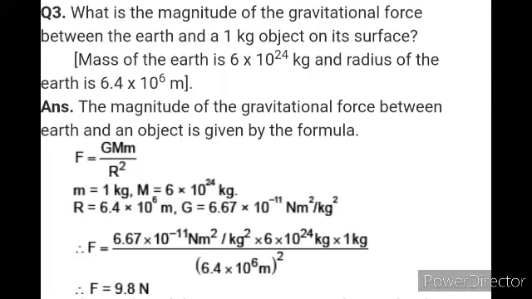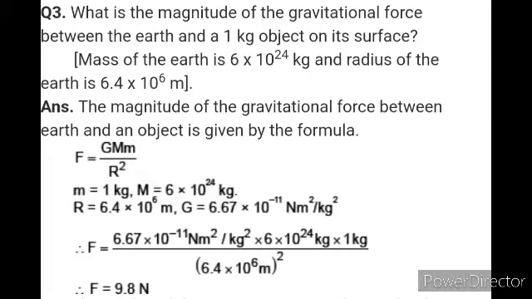So all you have to do is substitute the values in the formula of gravitational force, that is F is equal to G M m over r square. G is the gravitational constant having value 6.67 into 10 raised to power minus 11. Capital M is the mass of the Earth, value is already given, 6 into 10 raised to power 24.